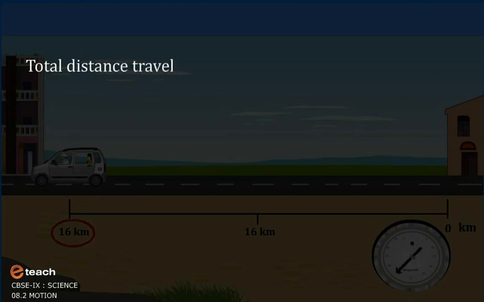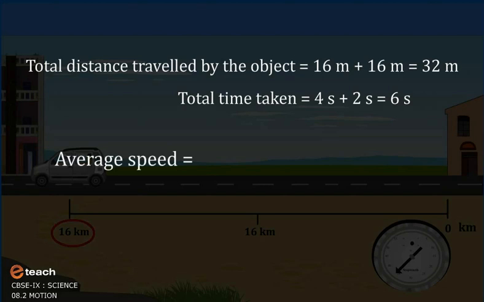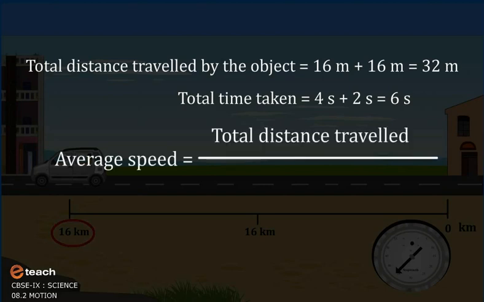Total distance traveled by the object is 16 meters plus 16 meters, which is equal to 32 meters. Total time taken is 4 seconds plus 2 seconds, which is equal to 6 seconds. Average speed is equal to total distance traveled divided by total time taken.